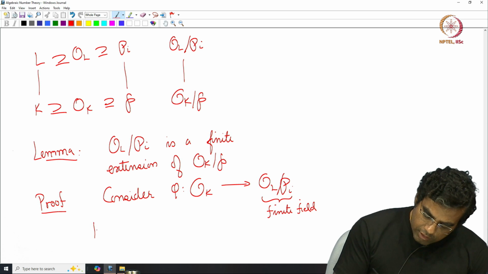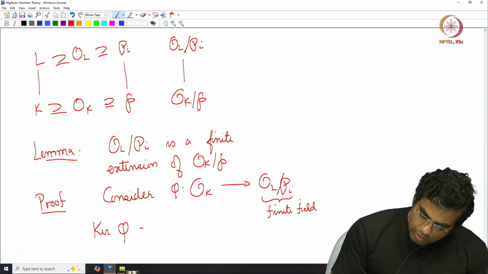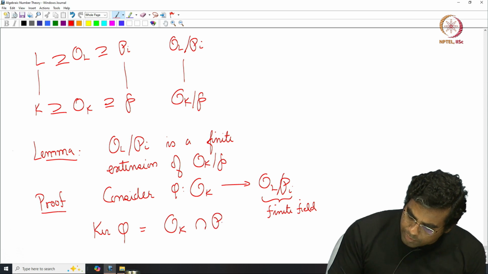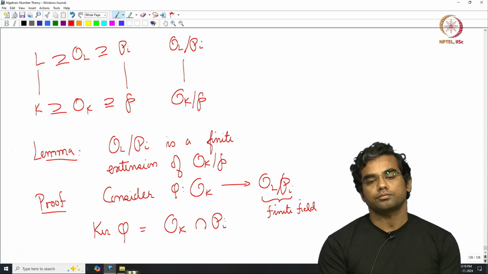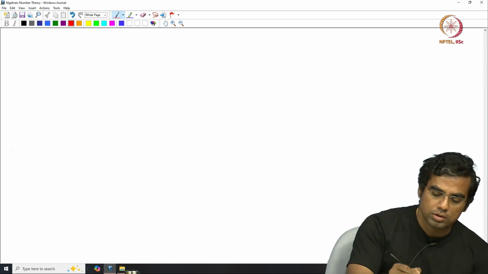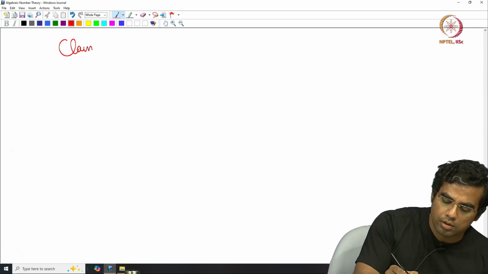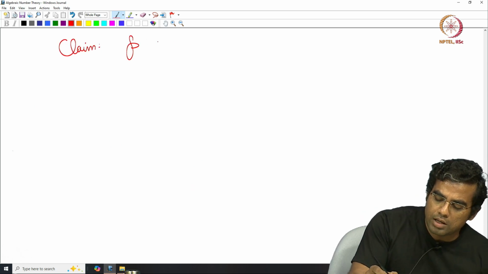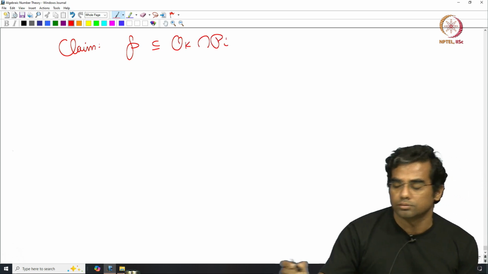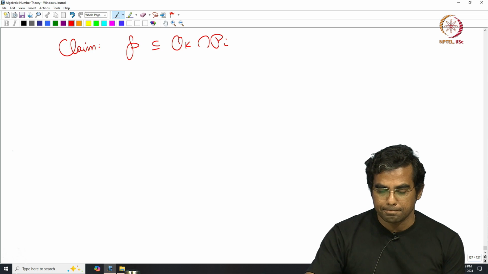Okay. So, what is the kernel of phi? The kernel of phi is precisely O_K intersected with P_i, all right. And then my claim is that P is contained in O_K intersected with P_i, right.